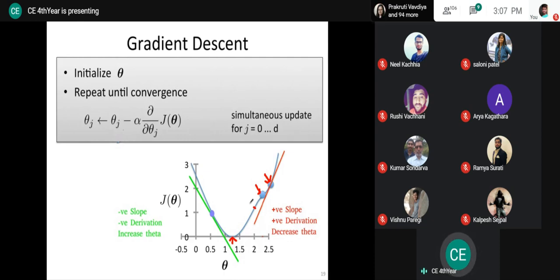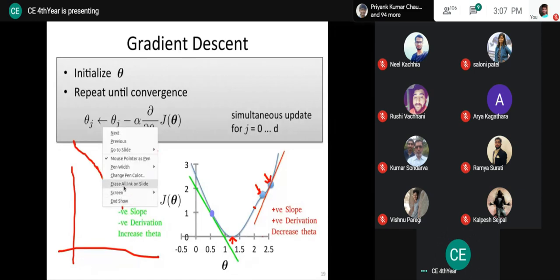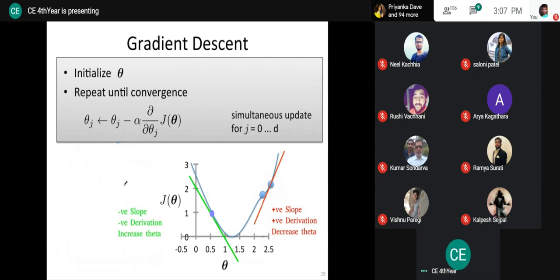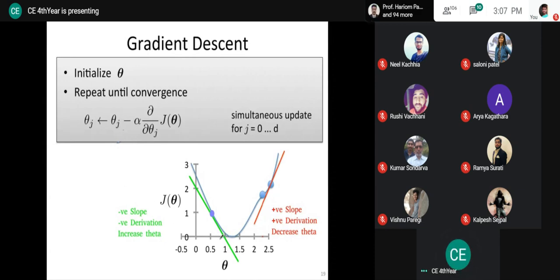For this very ideal example, we set it up such that the minimum value is 0. But generally, if your graph is something like this, how do you know you have reached the minimum value? That value might not be 0. The slope is 0.